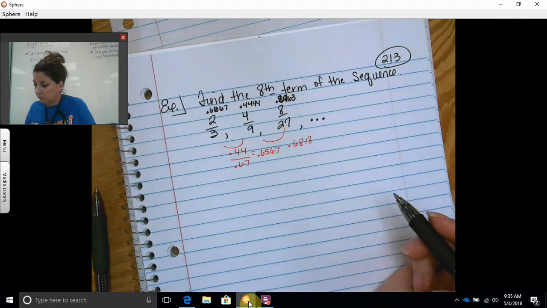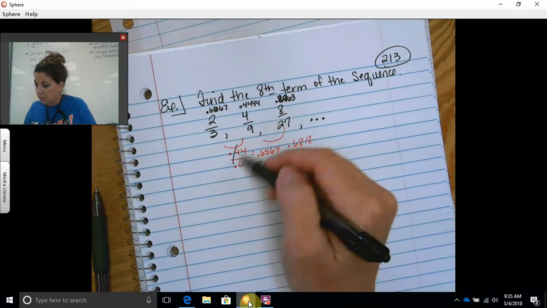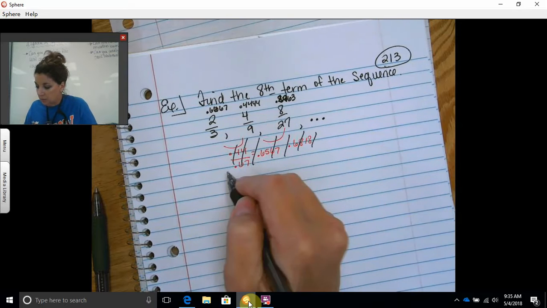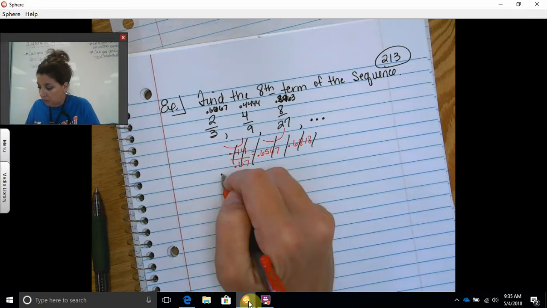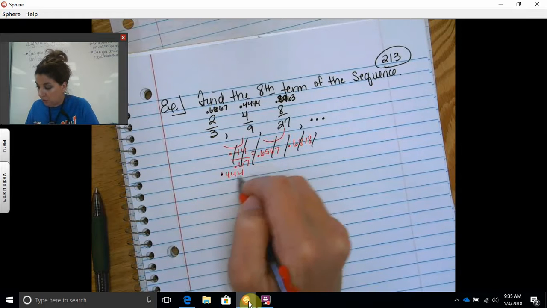Okay. So kind of got a mess here. So this is 0.4444 divided by 0.6667.